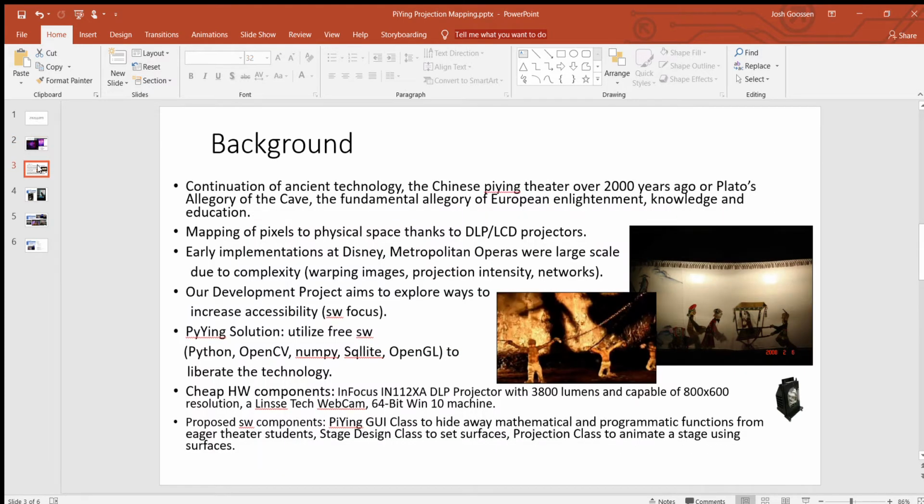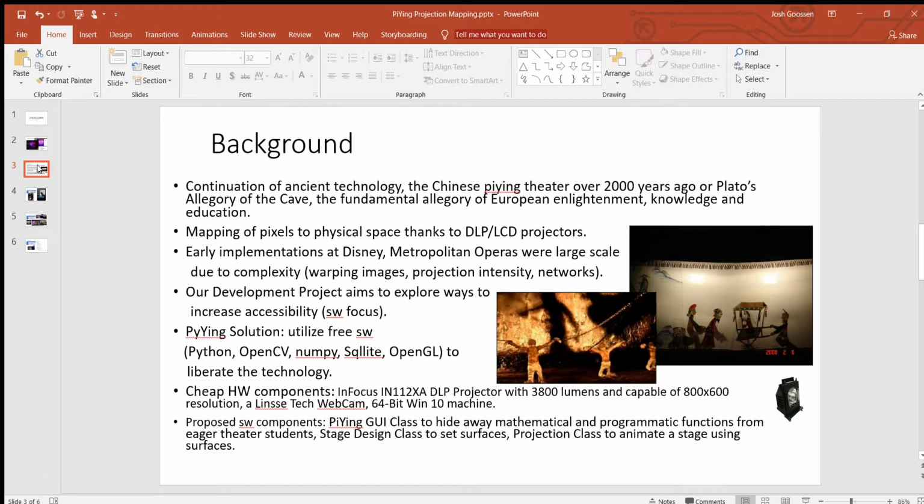So some additional background on what projection mapping is and the history of the technology. For an in-depth look, I definitely recommend reaching out to me or taking a look at some of the documents I've posted on Georgia Tech sites. But a quick flyover: this is all a continuation of really old technology.